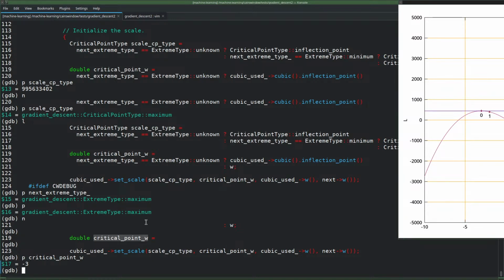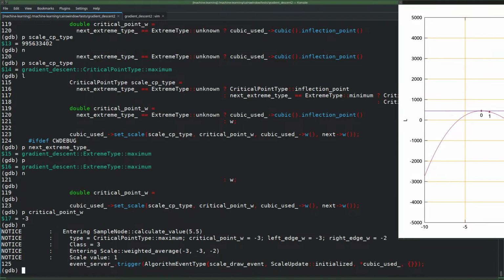I mean, yeah, -3 as well. Scale should be 1, it's just a difference between the two. Yep. And then we are going to draw it.